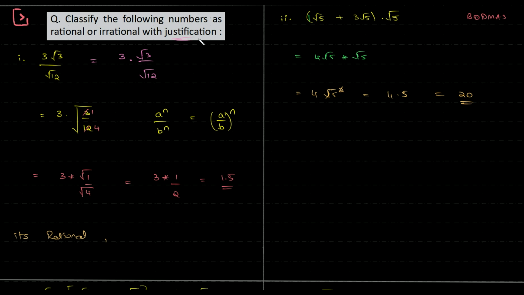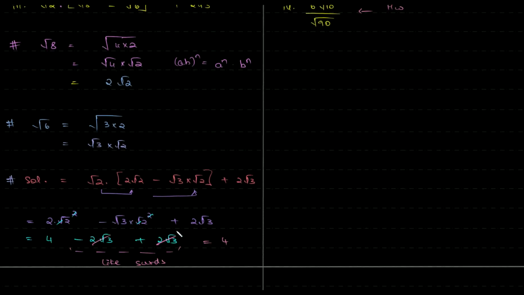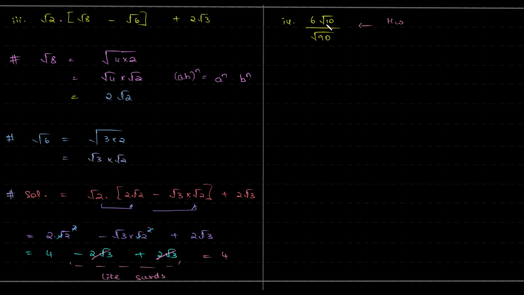I don't know exactly what is the justification for things being rational. It's terminating. Here too it's terminating. Here too it's a terminating number. And this also will result in a terminating number. This is 3, yeah, this also is terminating.